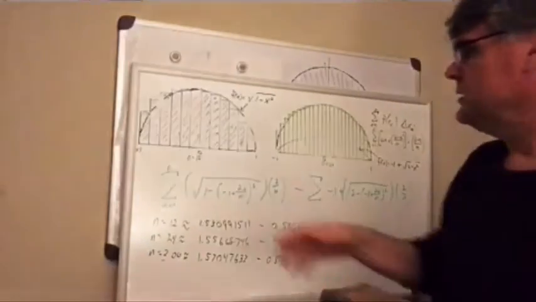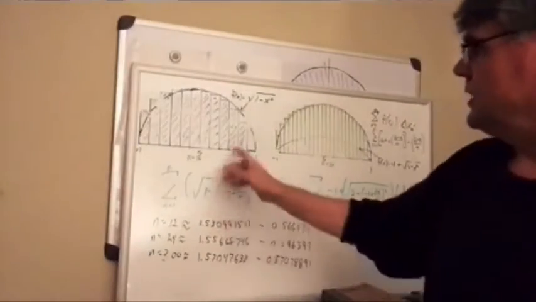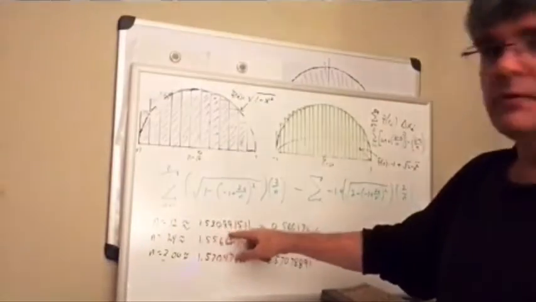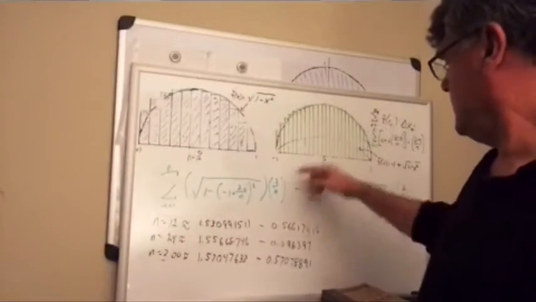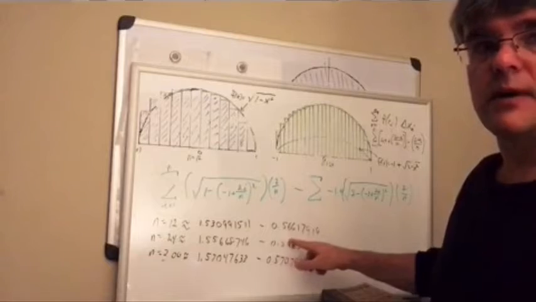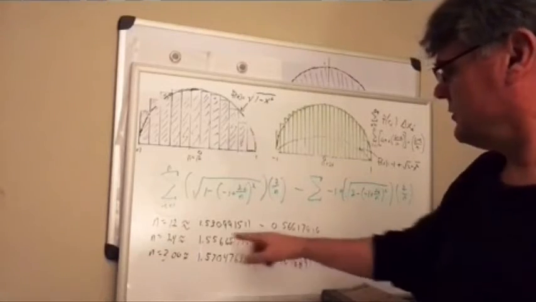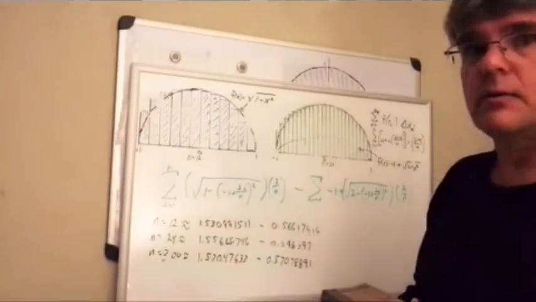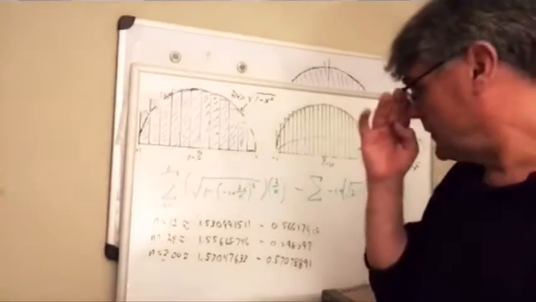And then I find that if I've got 12 of them, the area of my big circle is about 1.53 something. The area of my little circle is around 0.566 or something like that. So it looks like if I take 1.53 minus 0.56, I got around 1.